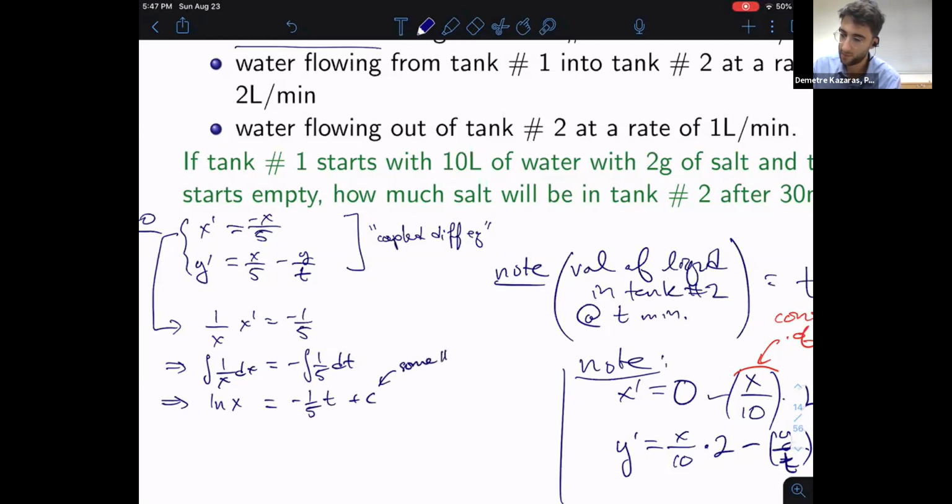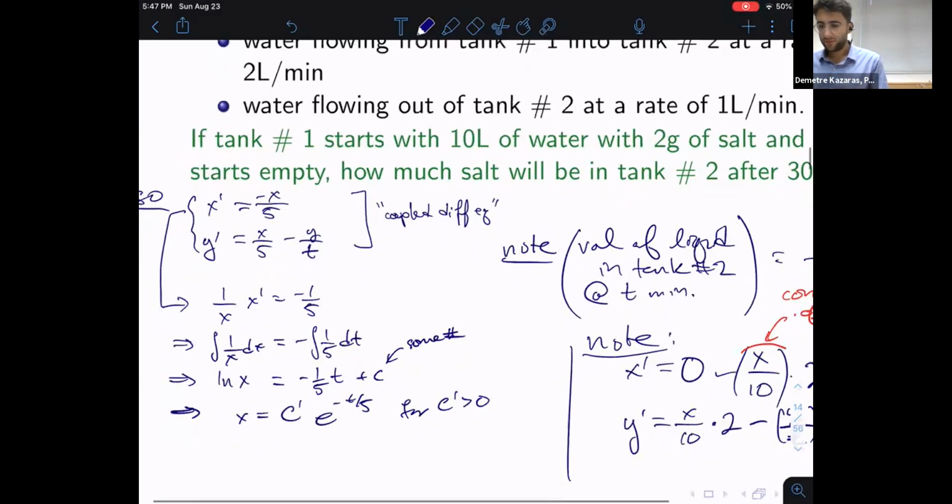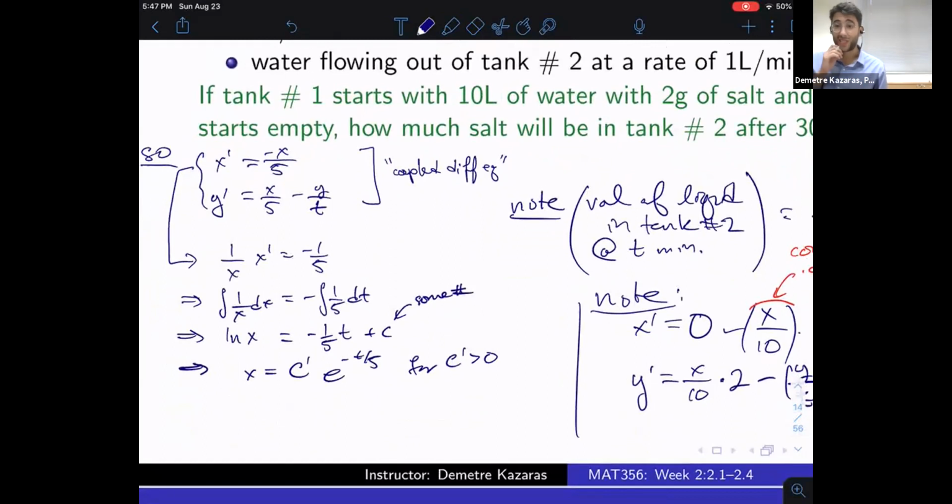And so we find that x itself is equal to some positive constant c prime, it needs to be positive this time, no absolute value funny business, times e to the minus t over 5, for some c prime positive. All right, almost done here. Let's figure out what the constant is.